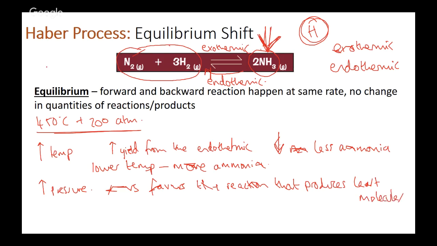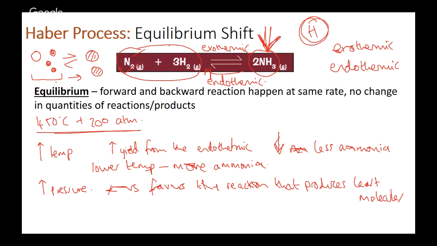So in essence, if we look on this side of the reaction, if we really put it simply, you've got one molecule of nitrogen reacting with 3 molecules of hydrogen to produce 2 molecules of ammonia. The statement says increased pressure favours the reaction that produces the least molecules, so this reaction here produces the least number of molecules.